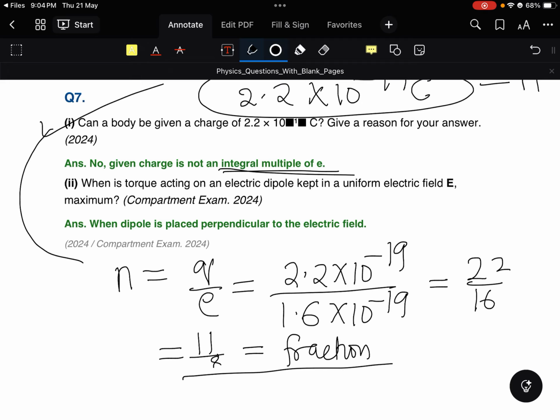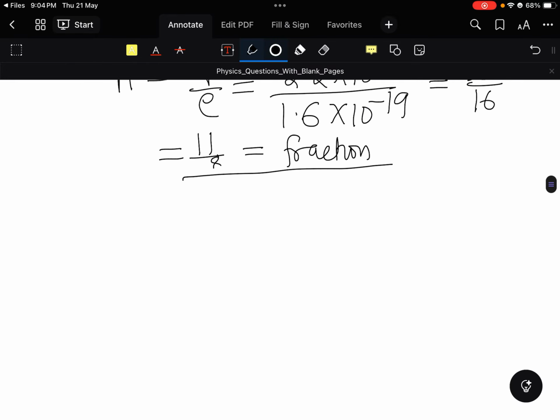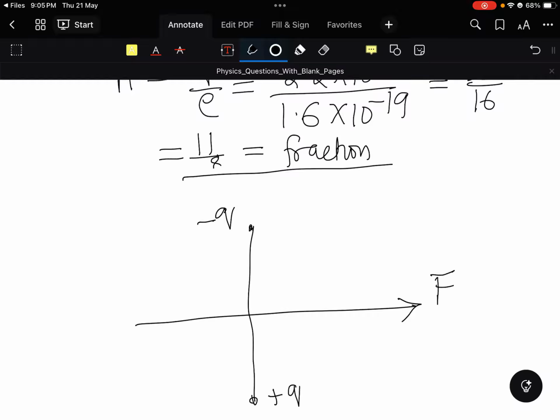Now second part, when a torque acting on an electric dipole in a uniform electric field E is maximum. So that you know under which condition torque will be maximum? When the dipole is kept perpendicular to electric field this way.